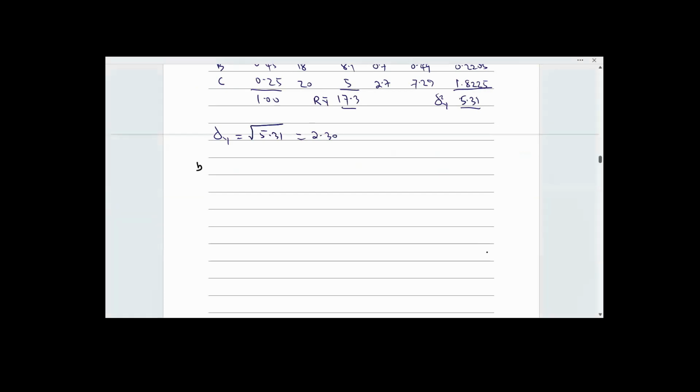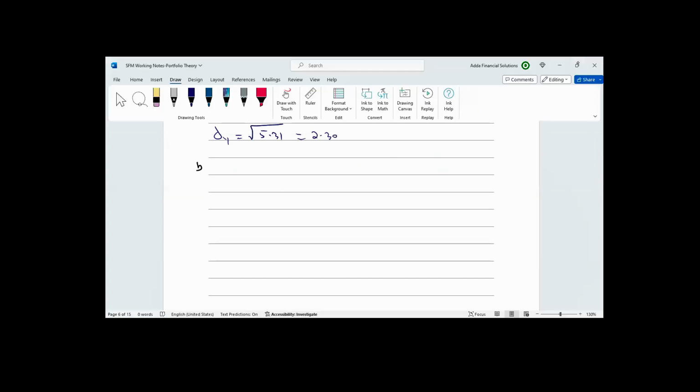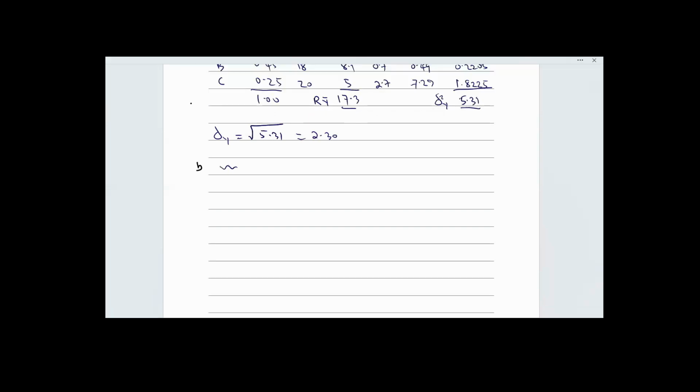The examiner wants us to calculate covariance between the two securities and correlation coefficients.